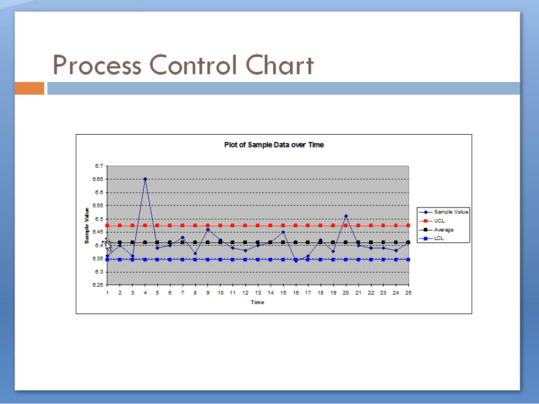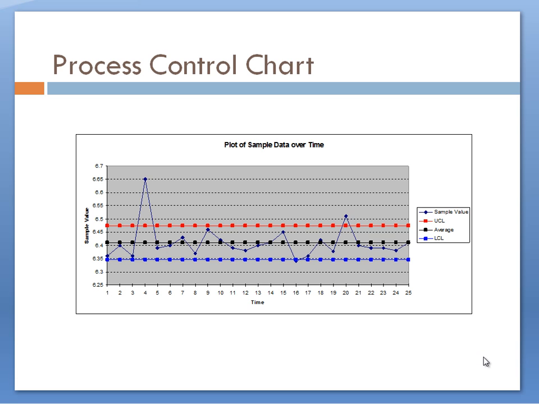You are also going to have an average value, and you're going to have your sample value, which is the one that you're going to graph. And based on this behavior, you can, in this case, determine that you have a point or 2 points that are out of control, actually a third point. So you have 3 points that are either above or below the lower or the upper control limit.